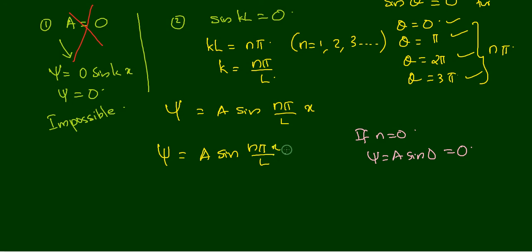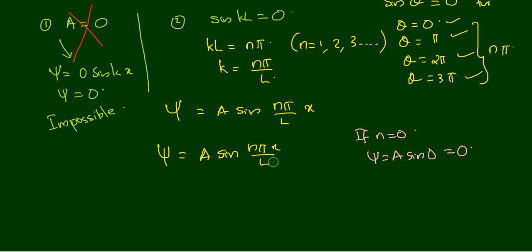For all values of x, psi will be equal to 0 if n is equal to 0. That is impossible, right? The particle must be somewhere at some given value of x. If the particle is nowhere over the entire length of the box, then it is impossible.